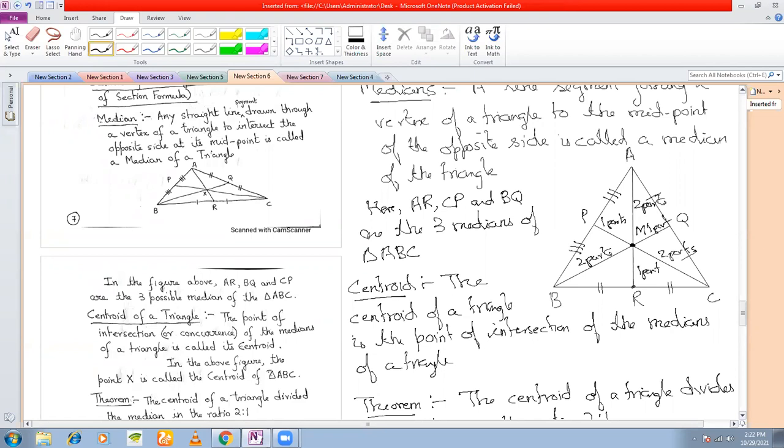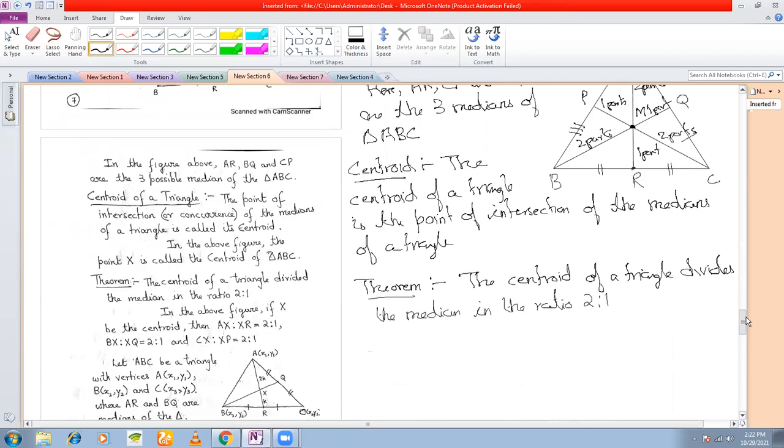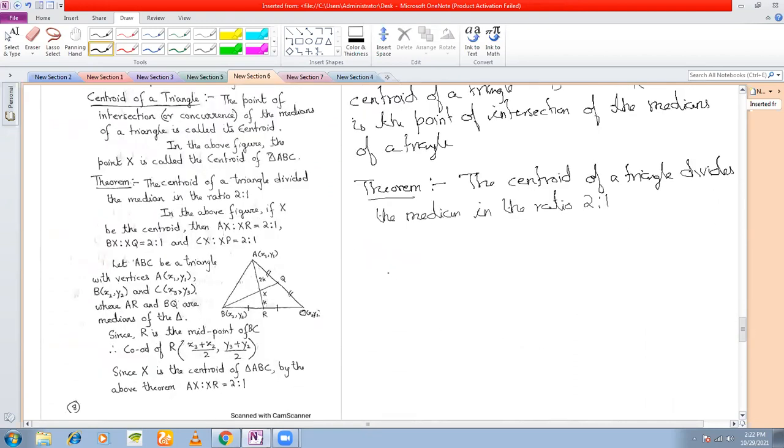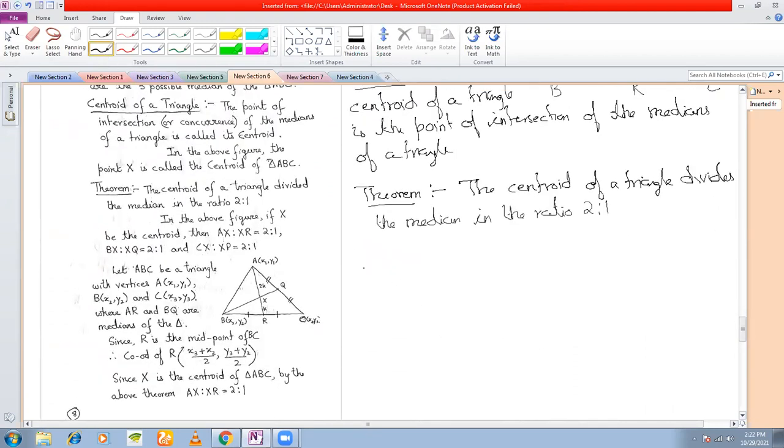No, sir. Okay, so I'll leave you with a formula then. Coordinates of the centroid of a triangle. Deduction is not required. I have done the deduction for you, and you can go through it. You just need to remember the result.